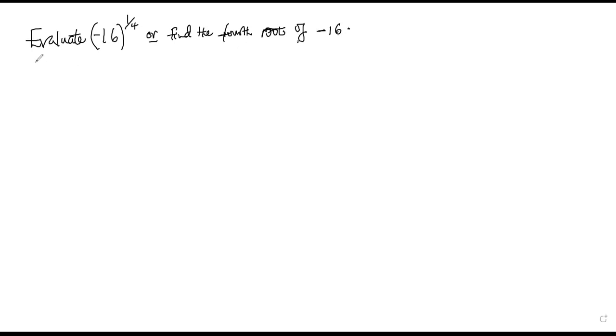Now looking at this, the fourth root of negative 16, what do we do?